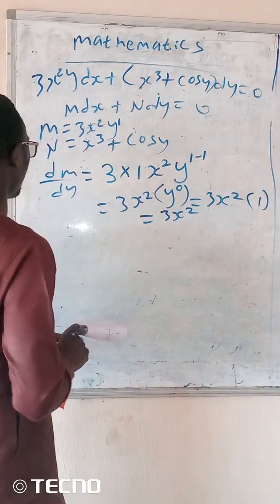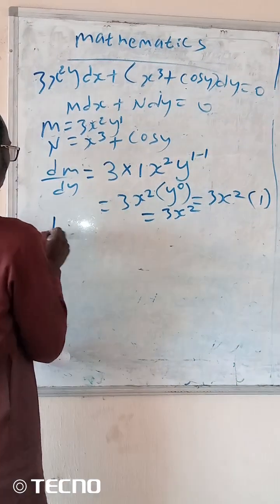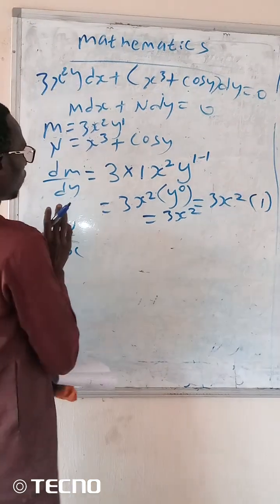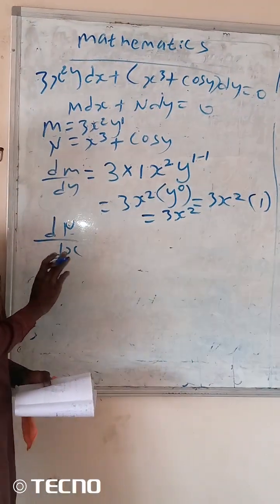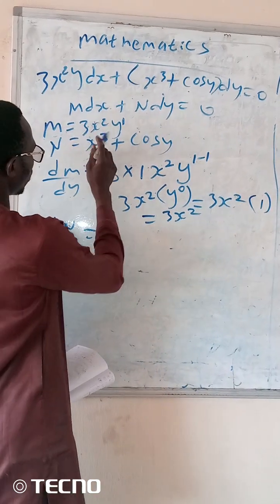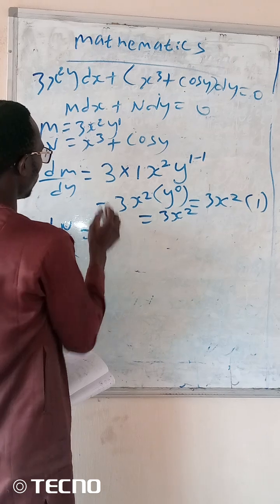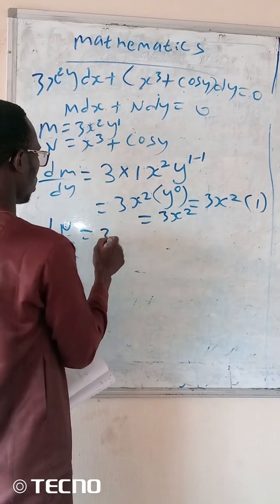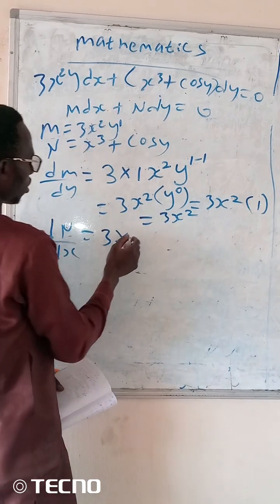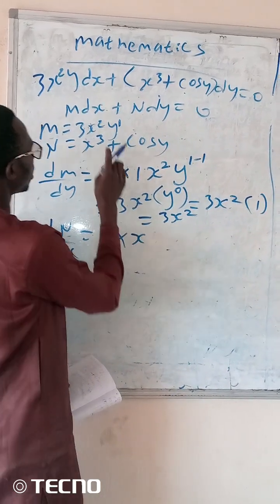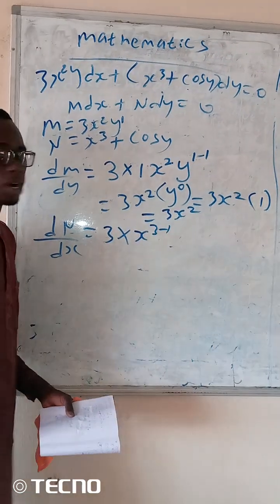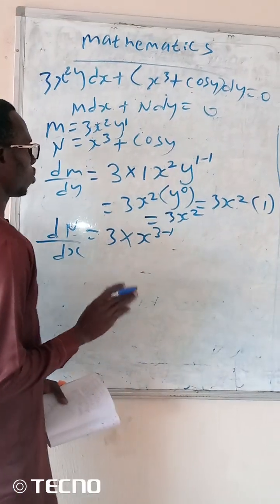So the next step is to find ∂N/∂x, that is the differentiation of N with respect to x. Which is what now? Let's differentiate this. We have 3 multiplied by x, the power multiplied back. So we have 3 multiplied by x raised to power 3, and we are going to subtract 1 from the power. That is how we are going to differentiate it.